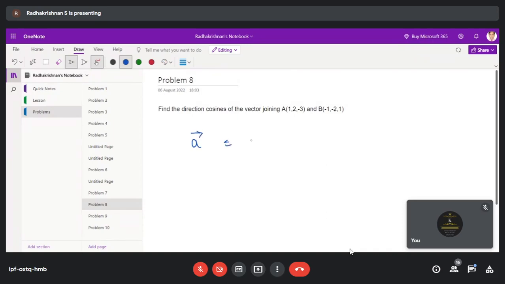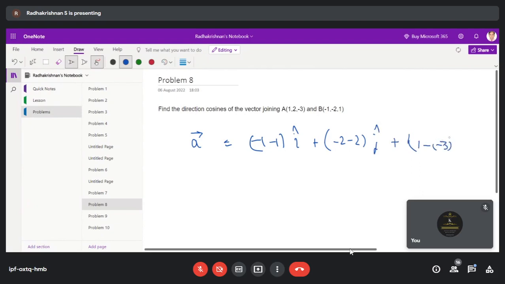It is given by B1 minus A1 into i cap plus B2 minus A2 j cap plus B3 minus A3 k cap, which is -1 minus 2, 2 minus 2, minus 4, 1 minus 3, so minus 2 i, minus 4 j, minus 4 k. So this is your vector that joins these 2 points.